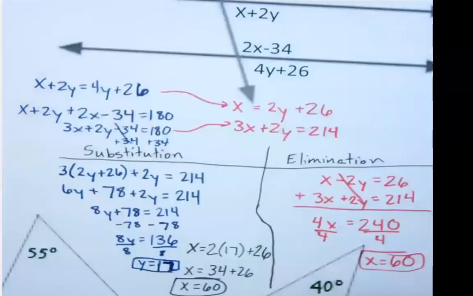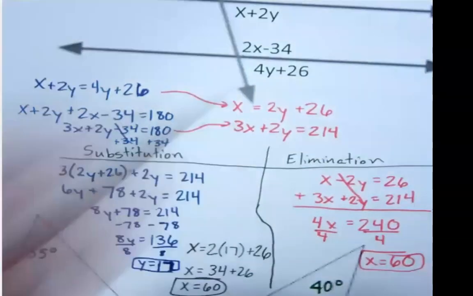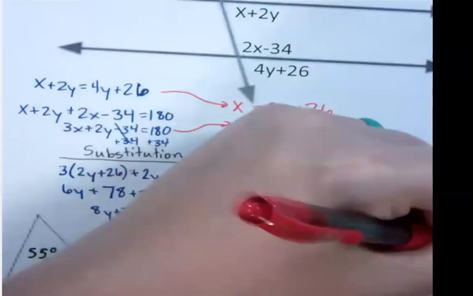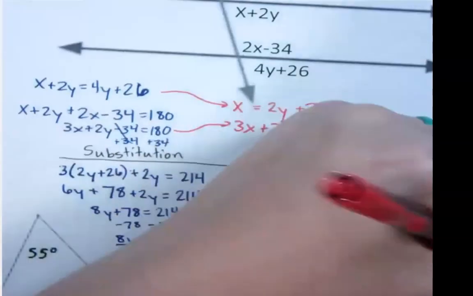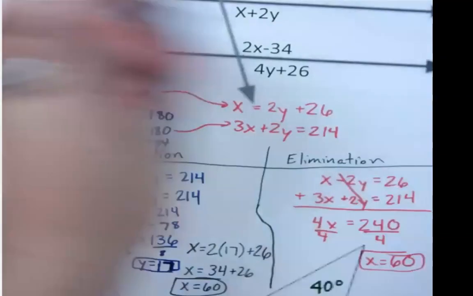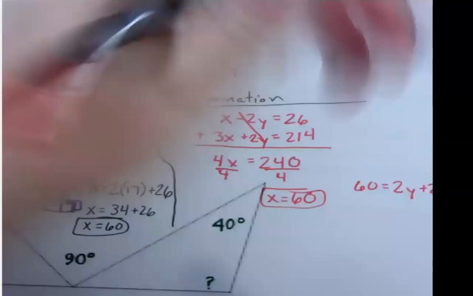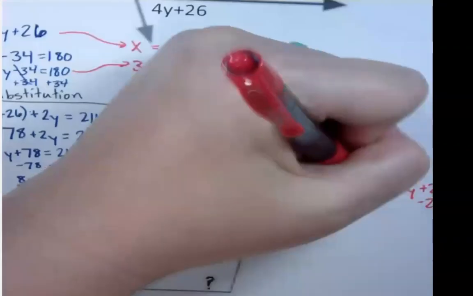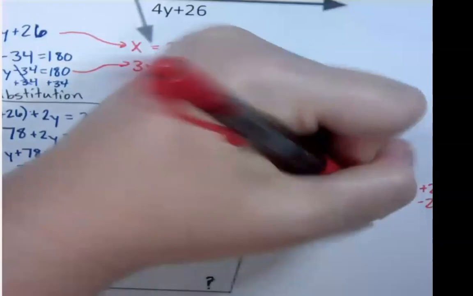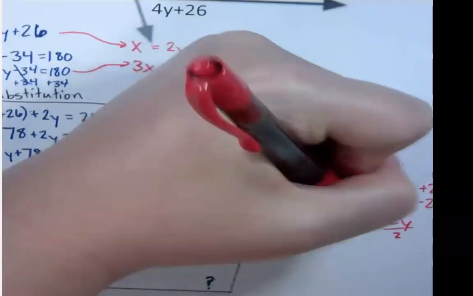That's nice. If we know that x is 60, we can look back up here in this equation and plug x in. 60 equals 2y plus 26. We would subtract 26 on both sides and get 2y equals 34. Divide by 2, y equals 17.